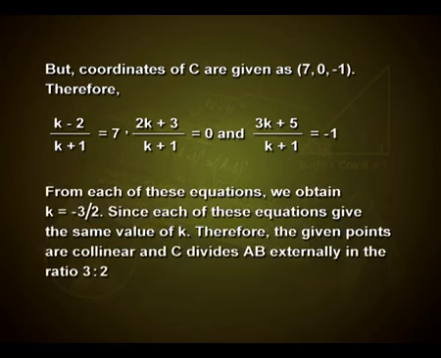From each of these equations, we obtain the value of k as minus 3 upon 2. Since each of these 3 equations give the same value of k, therefore, the given points are collinear and C divides AB externally in the ratio 3 is to 2.